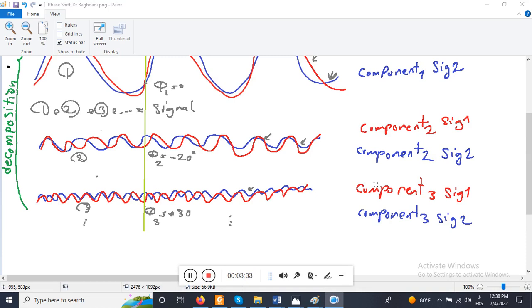So we get, for example, smaller phase difference. Therefore, the possibility of neutralizing is high for a signal including more components.